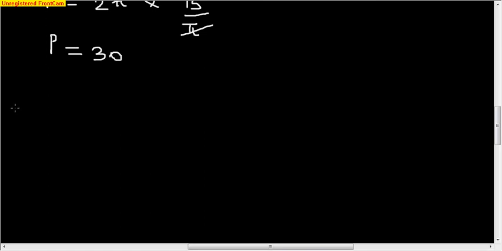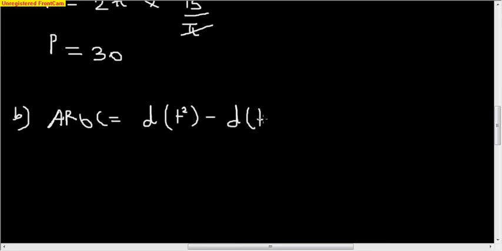Now, if you remember the equation for finding the AROC, AROC equals d2 minus d1 over t2 minus t1.